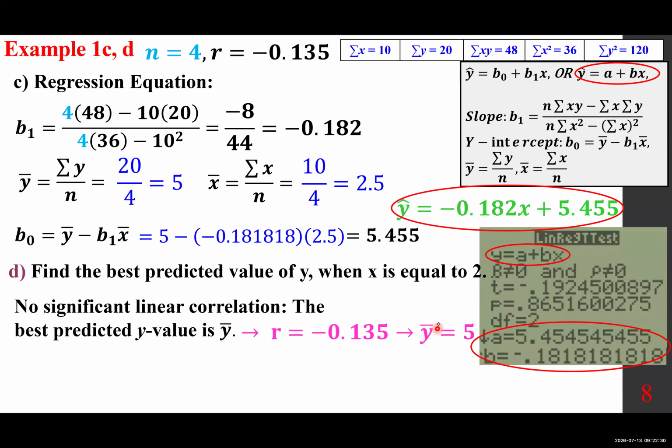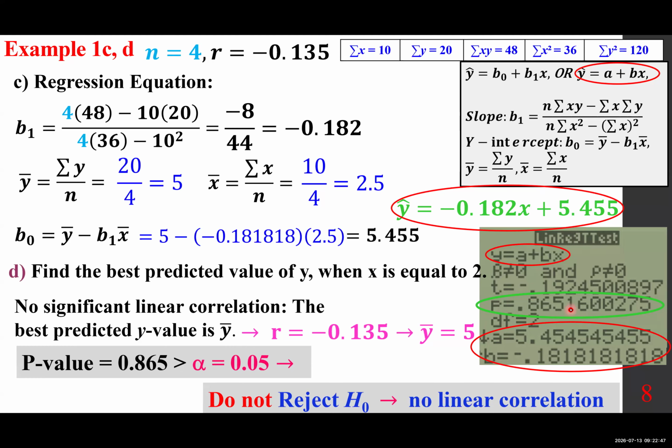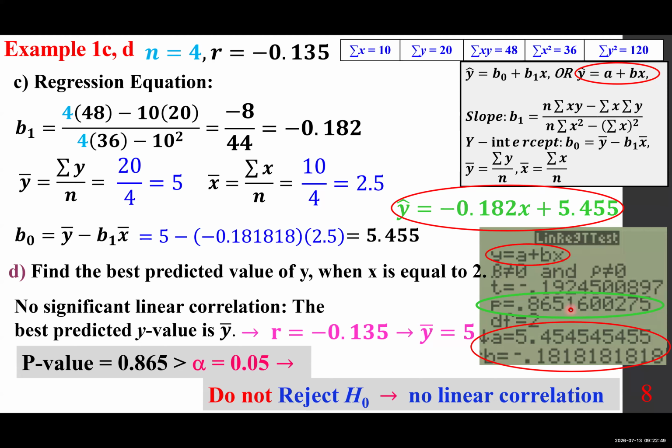If not, say there was a correlation, then you plug in the x value. Having said that, as far as the p-value is concerned, larger than alpha 0.05, fail to reject H0, or don't reject H0, no linear correlation.